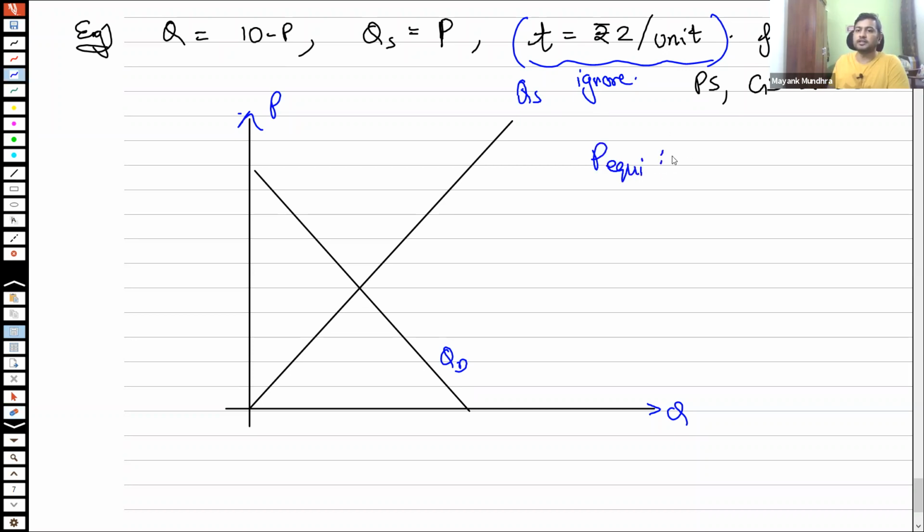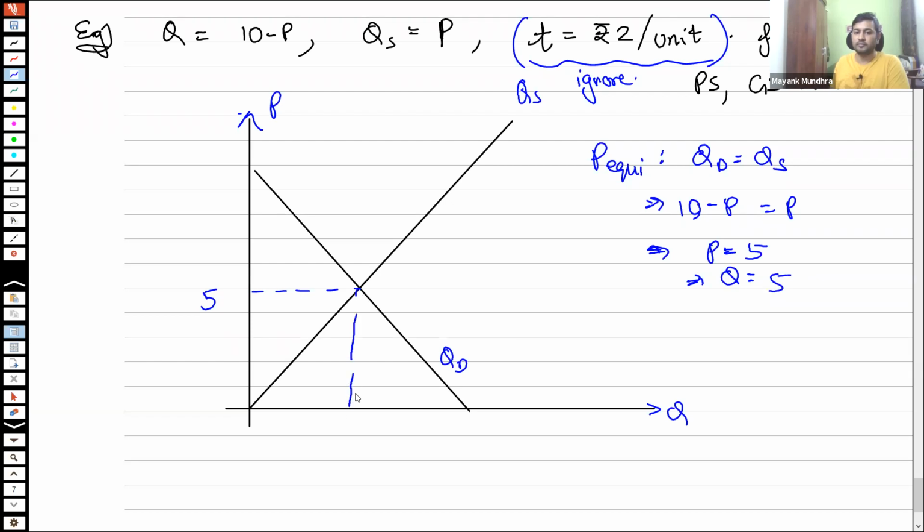The equilibrium price is when quantity demanded becomes equal to quantity supplied, which implies 10 minus P must be equal to P, which implies P must be equal to 5, which implies quantity must be equal to 5. So this area is the consumer surplus. So how much should be the consumer surplus in this case?